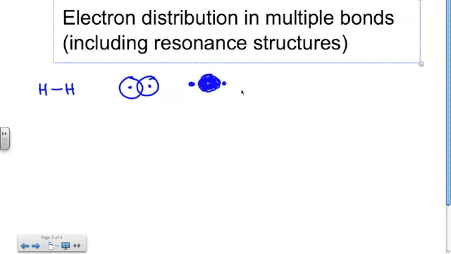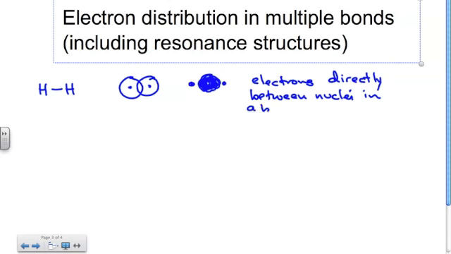Okay, so when the electrons are directly between nuclei in a bond, this is what we refer to as a sigma bond.